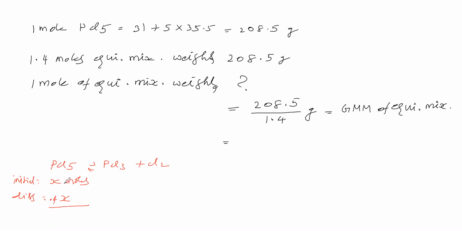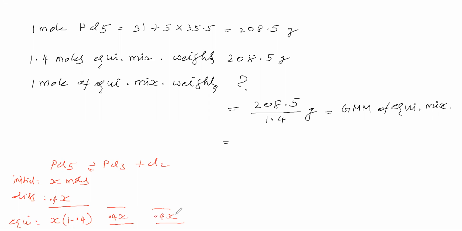If we take 1 mole initially, dissociation will be alpha; if we take x moles, dissociation will be alpha into x. Therefore, at equilibrium, PCl5 will be x into (1 minus 0.4), PCl3 will be 0.4x, and Cl2 will be 0.4x.